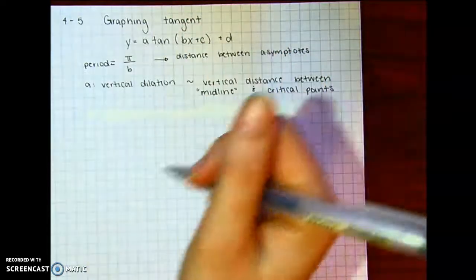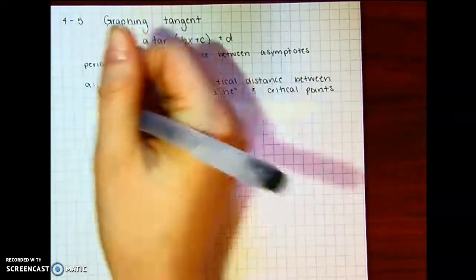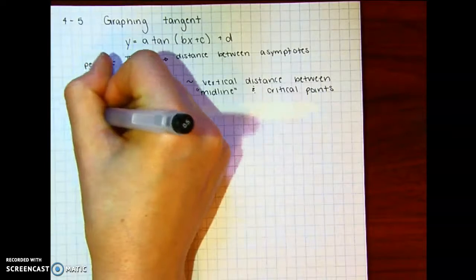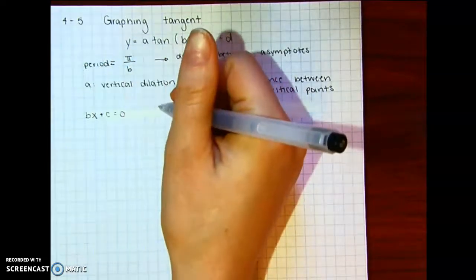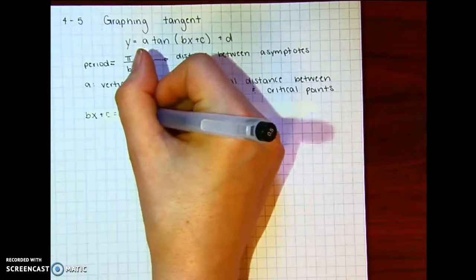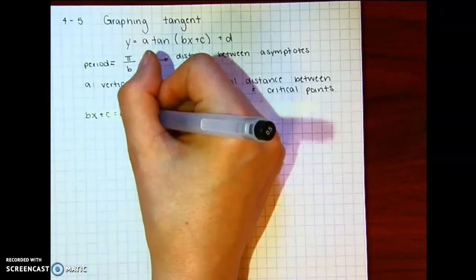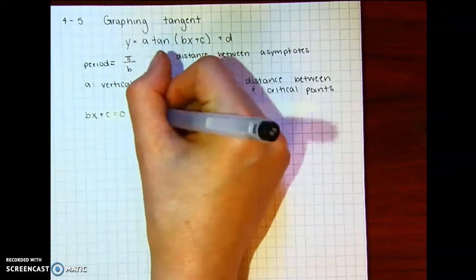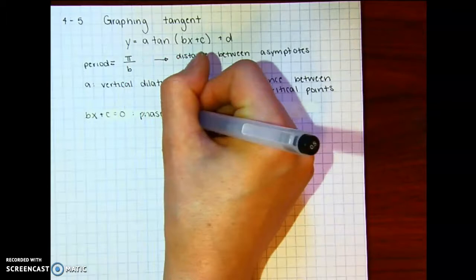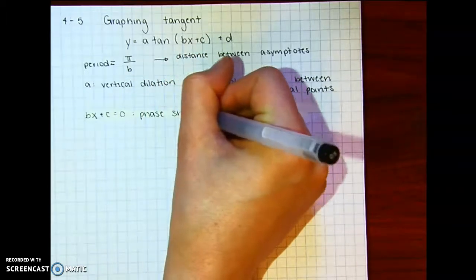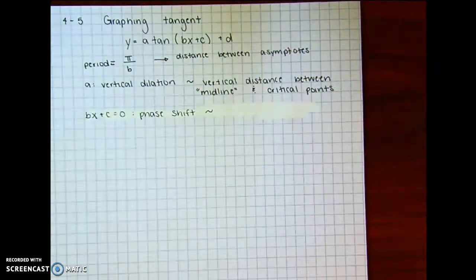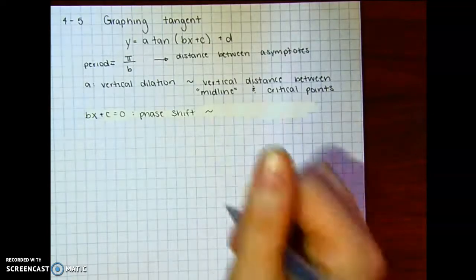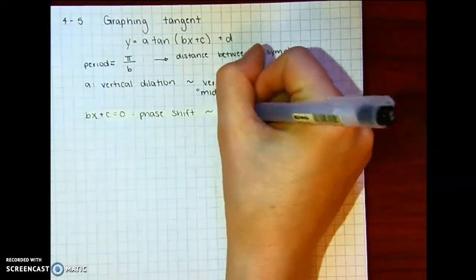Bx plus c equaling 0 will give us our phase shift. And it's actually going to be between your asymptotes. It'll be the middle of your asymptotes.